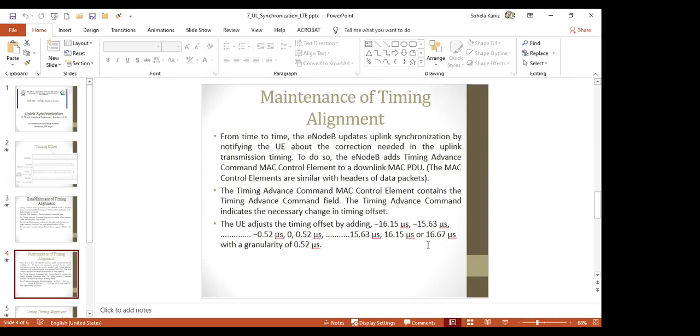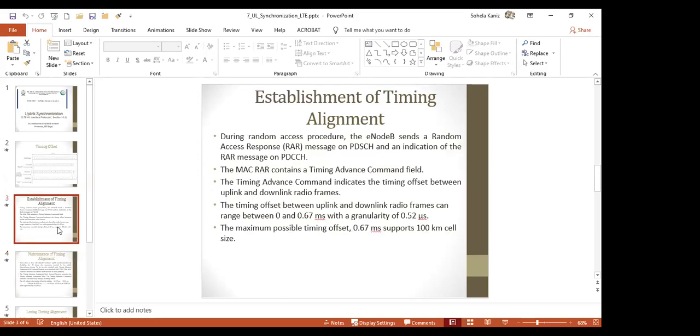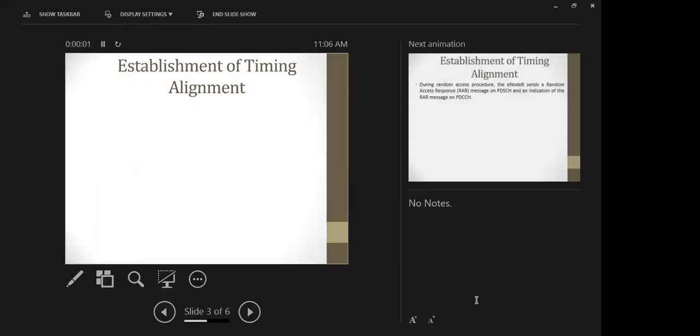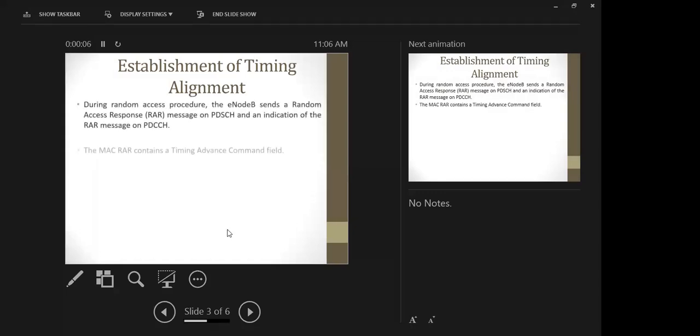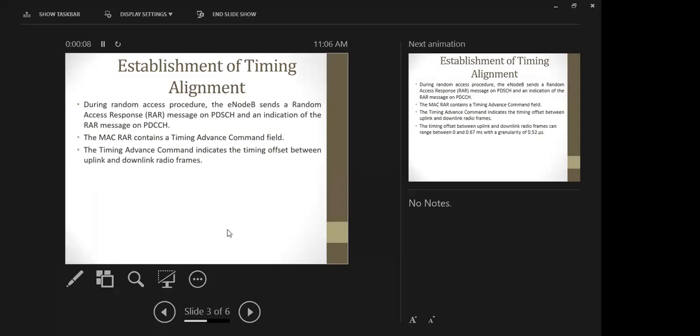Okay, that is the maximum, and the granularity was 0.52 microsecond. But when you establish, the maximum range is up to 0.67 millisecond, very wide.